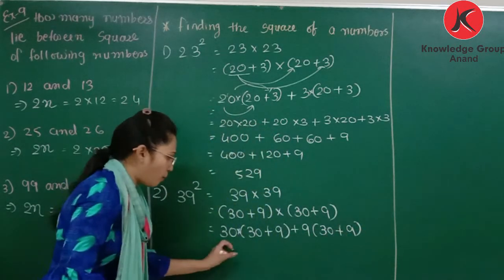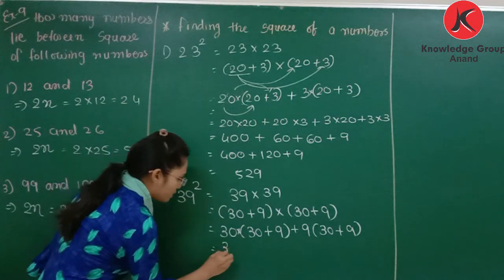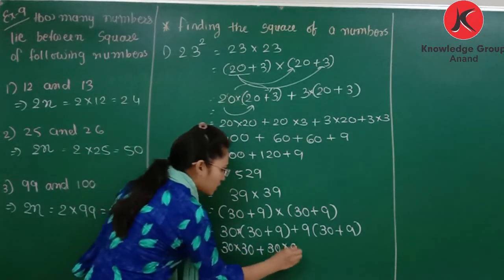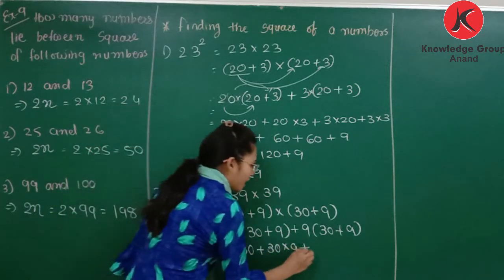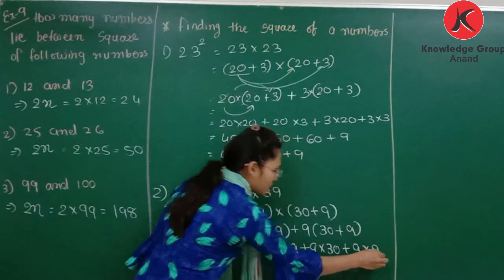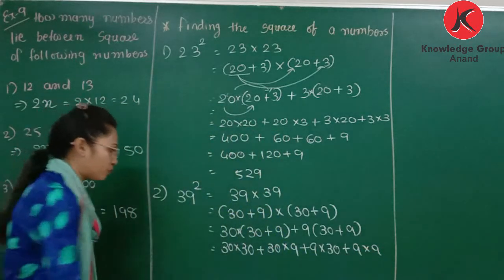Now open every bracket. So 30 is multiplied with 30 and 30 is multiplied with 9. 9 is multiplied with 30 and 9 is multiplied with 9.